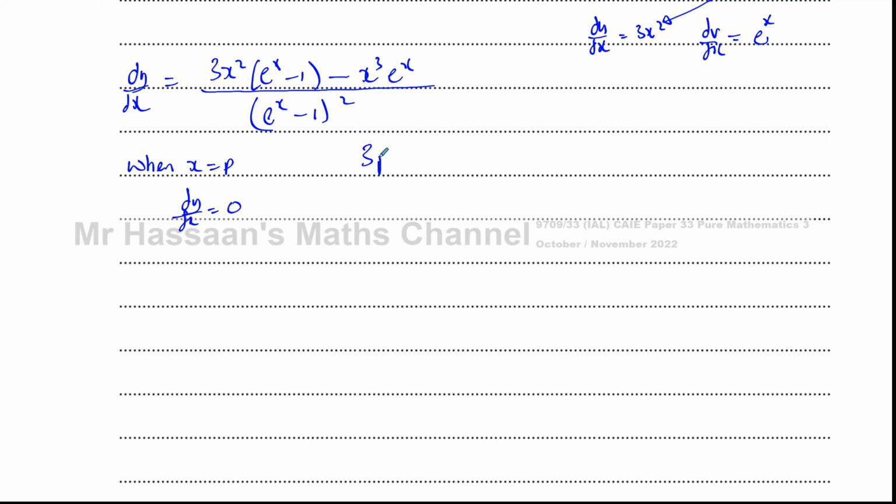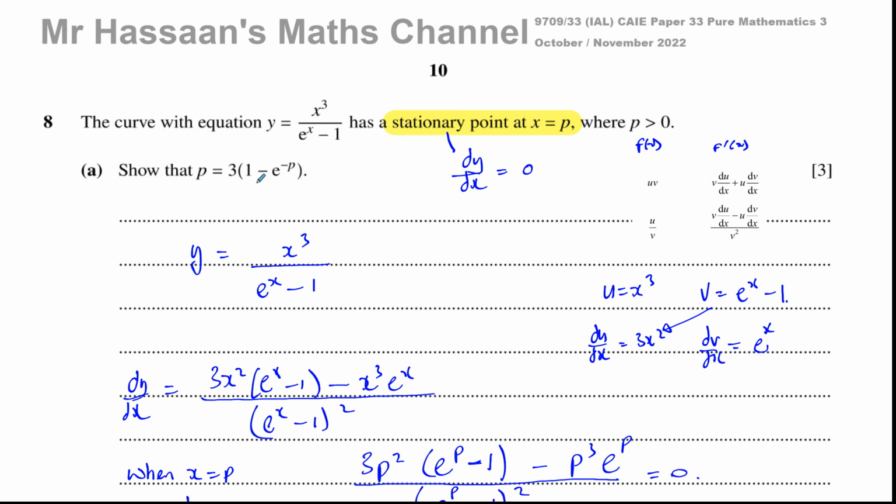So I have 3p squared times e to the power of p minus 1, minus p cubed times e to the power of p, all over e to the power of p minus 1 squared, equals 0. So this has to now become the same as this expression here. It must look the same as this.